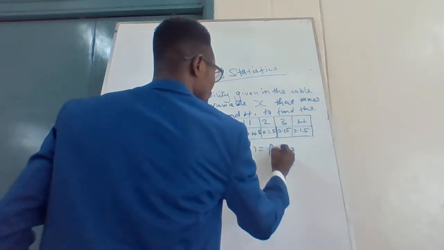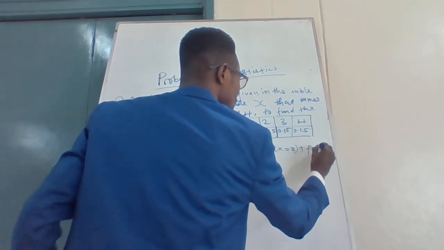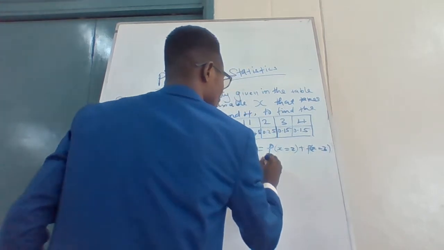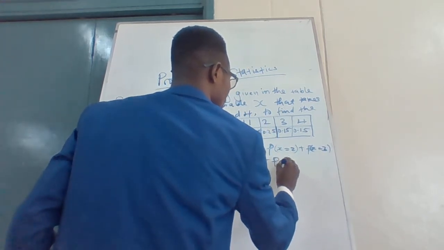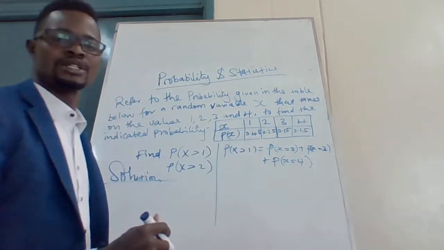So it is this probability plus the probability of x equals 3 plus the probability of x equals 4. And that's all we're expected to do.